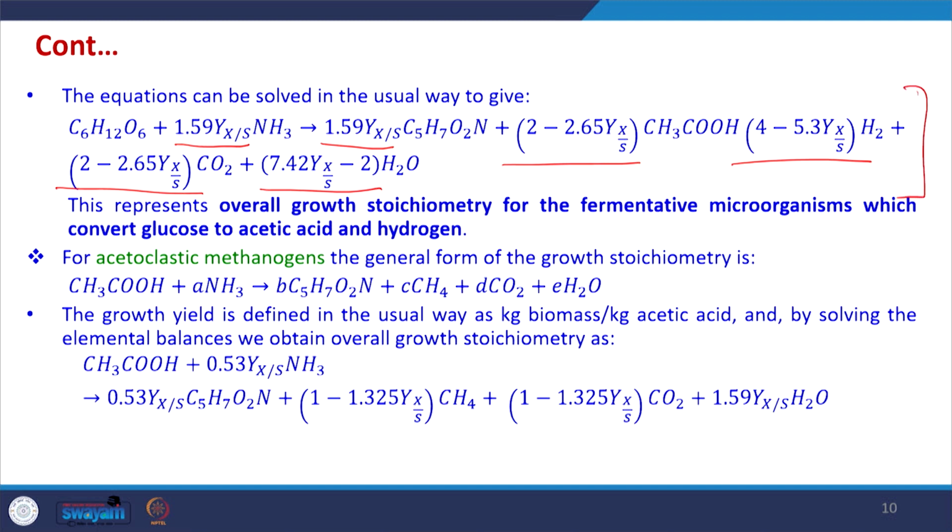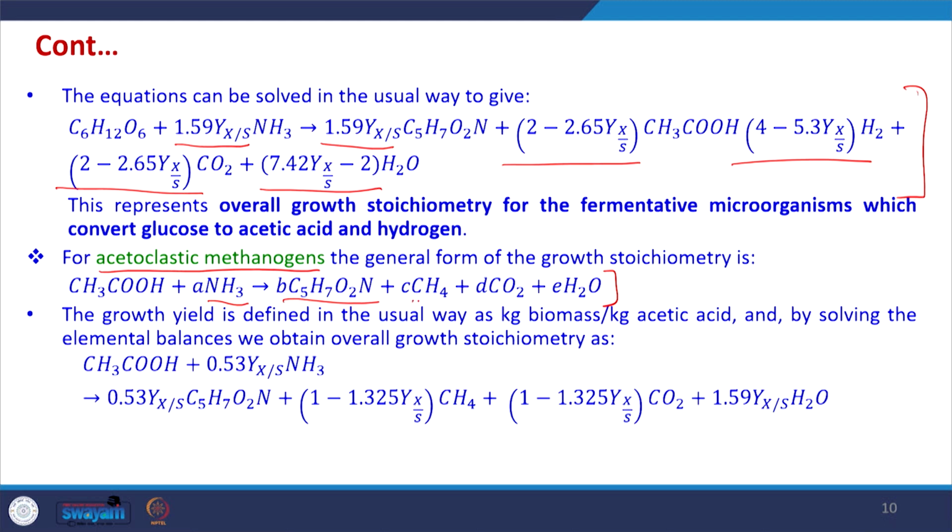Again, for acetoclastic methanogens, the general form of the growth stoichiometry is here. Here we are referring to a case where acetic acid is getting converted: acetic acid is combining with ammonia to form the microorganism plus methane, CO2 and H2O. Now, the growth yield is again defined in the usual way in terms of kg biomass produced per kg of acetic acid.